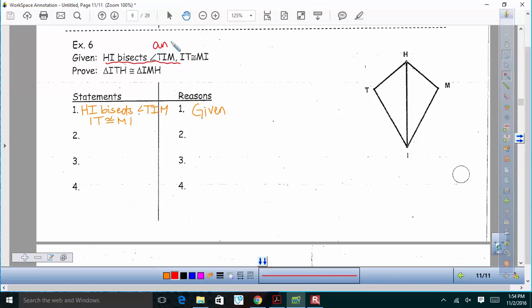If this is an angle, then I'm going to have two congruent what? Angles. So if I'm looking at angle TIM, that's this angle down here. So that means this angle and this angle is congruent. Now, should I write that down?